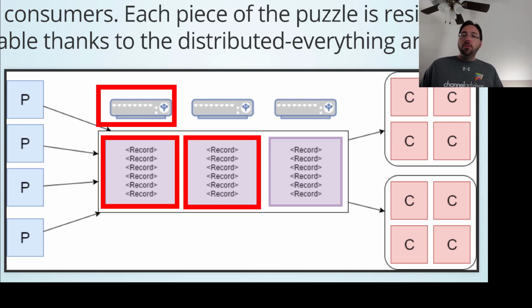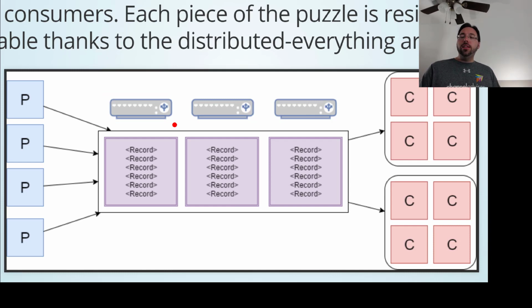So each of the brokers can have copies of the file. Not all of them will have copies of every file, probably, but you could set it out that way. Similar to how not every MapReduce node, not every HDFS node will have a chunk of data from a particular file. Not every Kafka broker will have a partition for every topic.